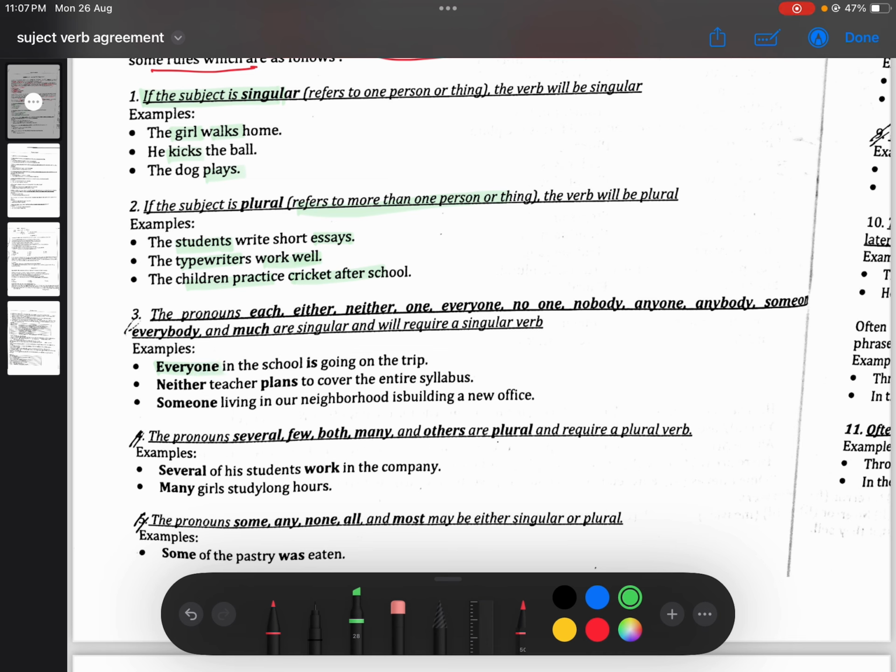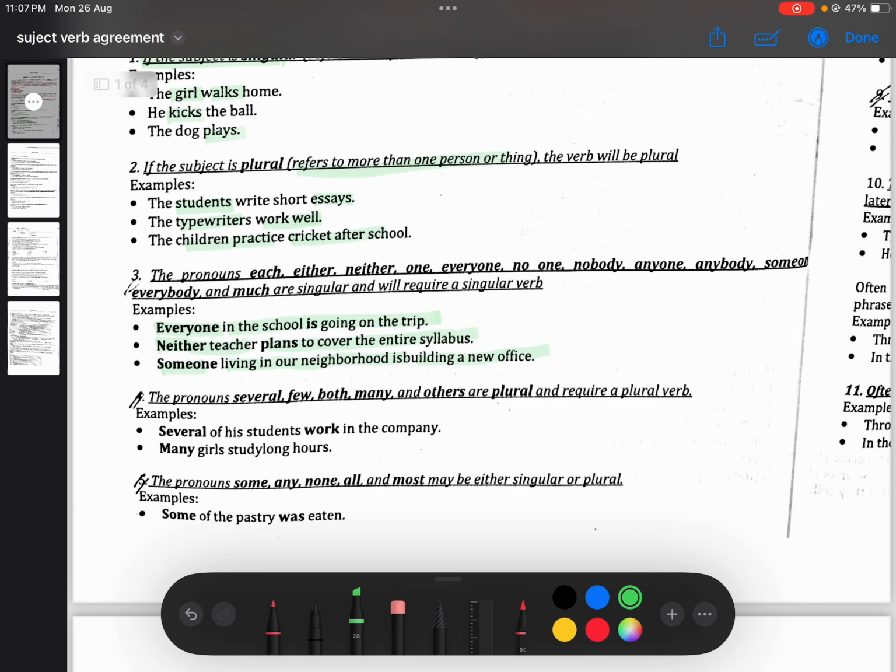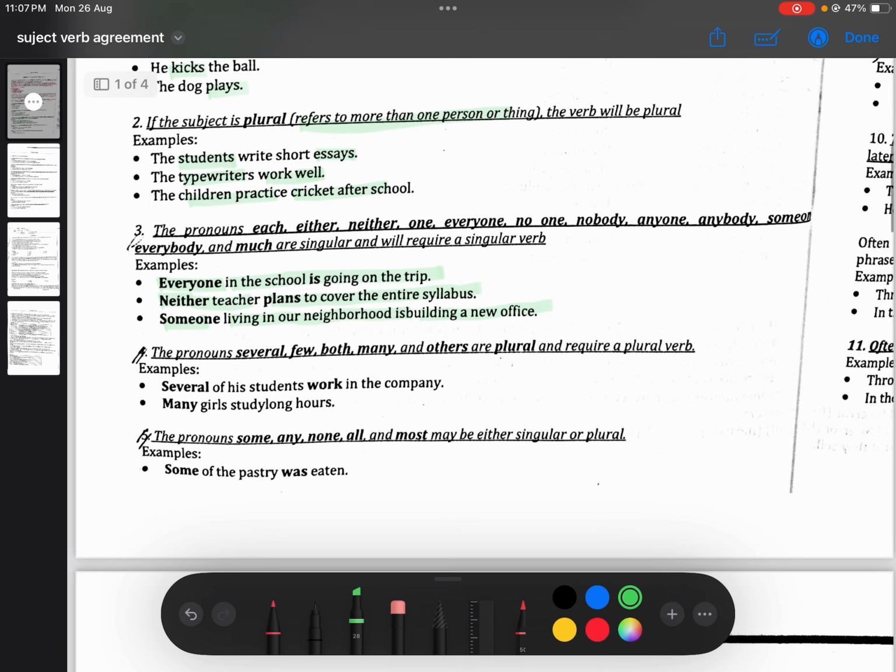Everyone in the school is going on the trip. Neither teacher plans to cover the entire syllabus. Someone living in our neighborhood is building a new office.